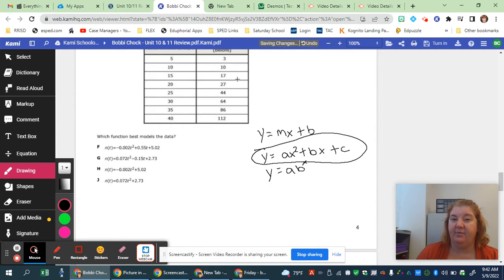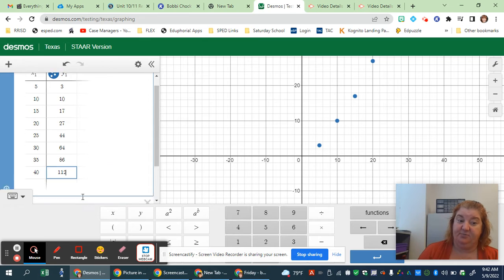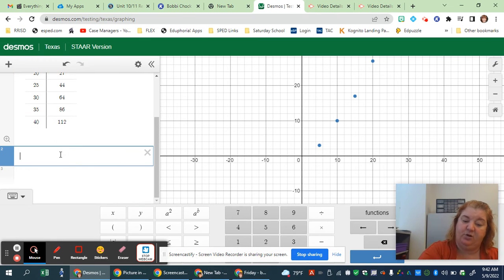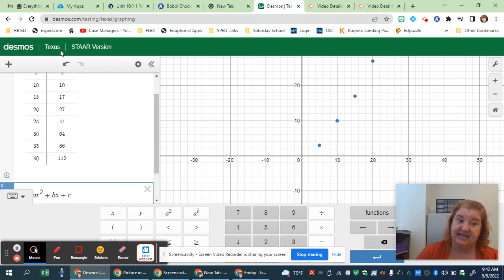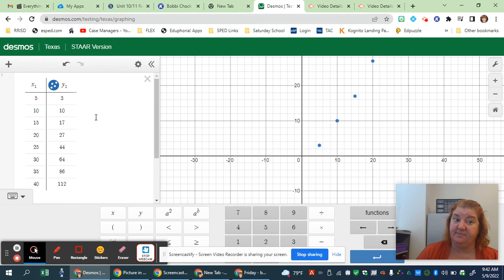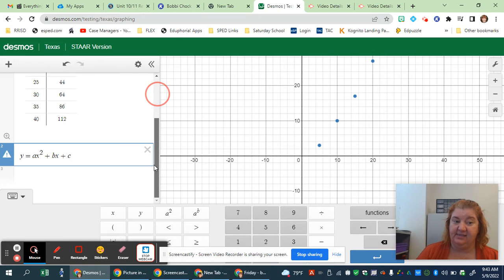Okay. So now I go to Desmos and I put that in. I put y equals ax squared plus bx plus c. Now, for it to read this table, I have to do a little bit of computer coding. I have to tell it we're looking at y1.